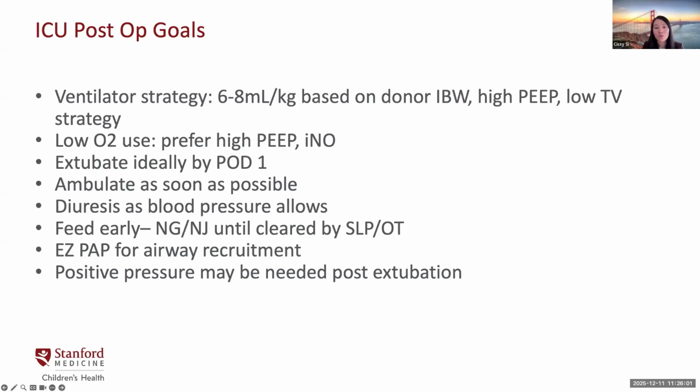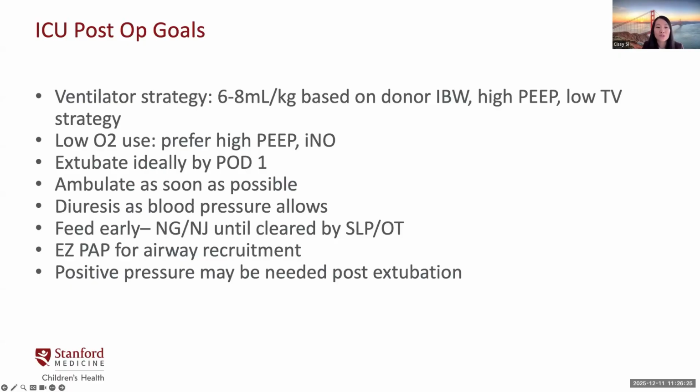We do the tidal volumes based on the donor ideal weight and not the recipient weight. We also ideally like to use the least amount of oxygen as possible, preferring a high PEEP strategy and use of nitric to help with that oxygenation. And if all goes well, our goal is to extubate by post-op day 1.